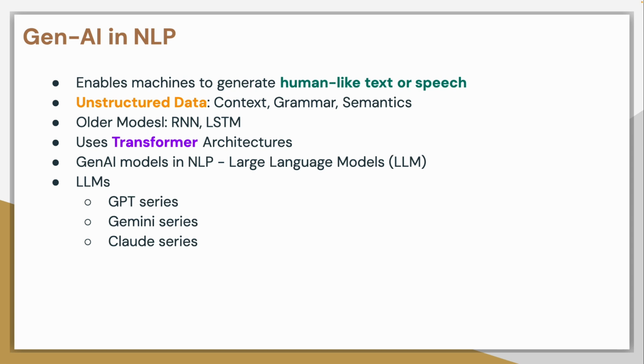Usually the older models are RNNs and LSTMs. These models are not able to handle longer sentences or paragraphs. And the recent models are able to handle large context. That means they can handle paragraphs and even books as well. That is a major breakthrough that happened. The major drawback of the previous models is fitting the context into the memory.